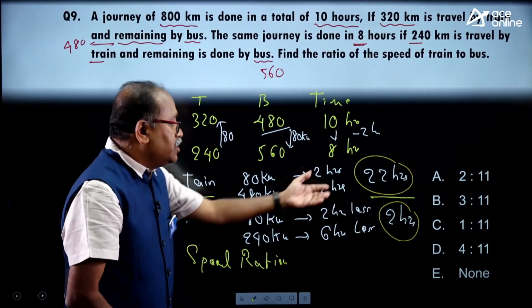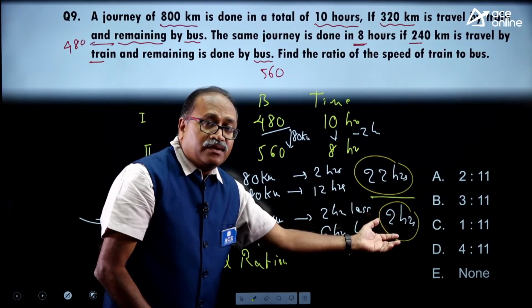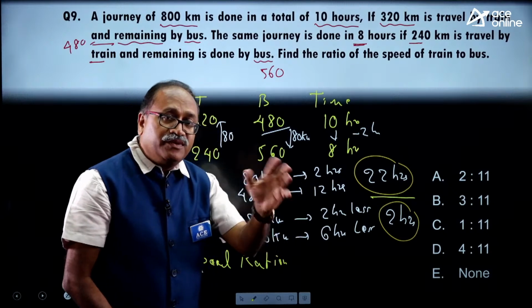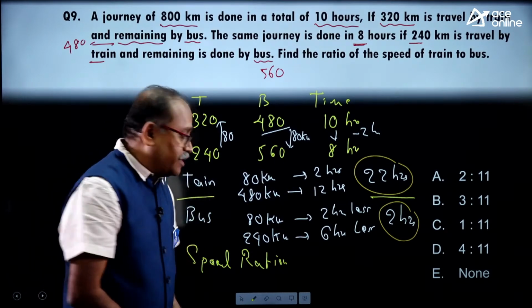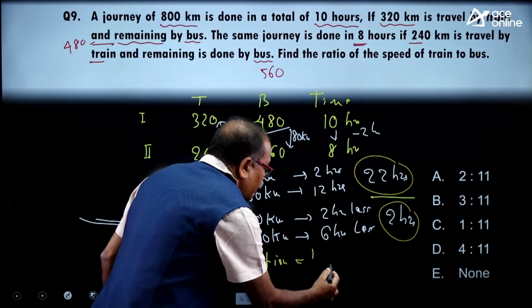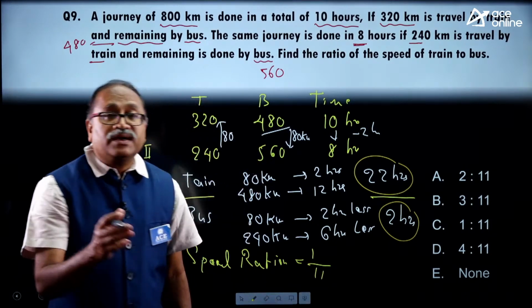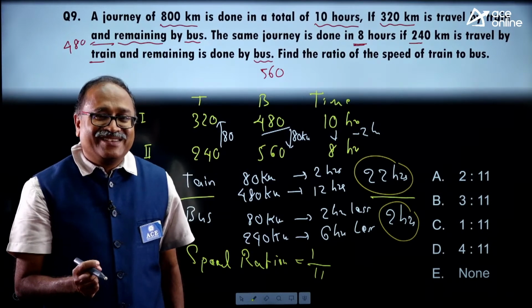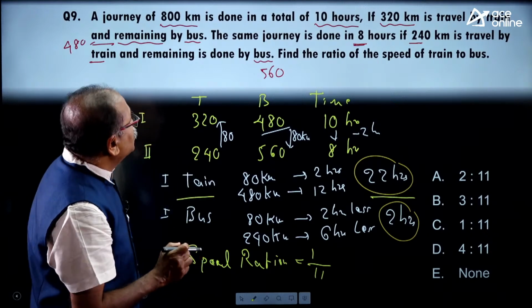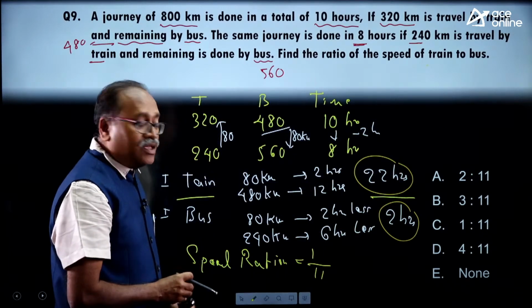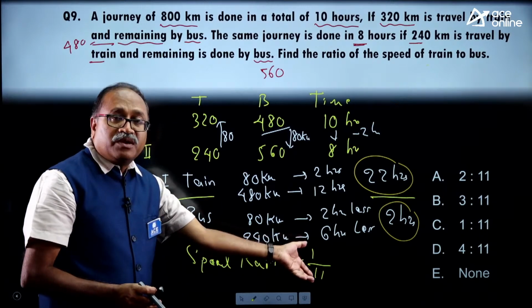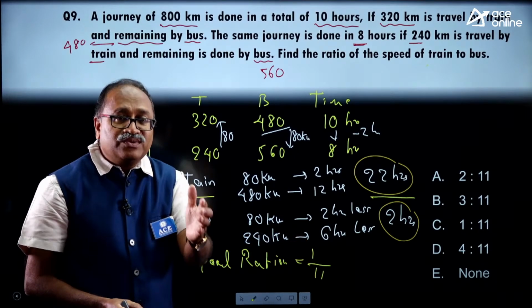As the time ratio is 11 by 1, the speed ratio will be the reciprocal of that, that is 1 by 11, or you can call it 1:11. Right, my dear friends? So what is the question? The speed of the train to the speed of the bus. So the speed of the train to the speed of the bus is 1:11.